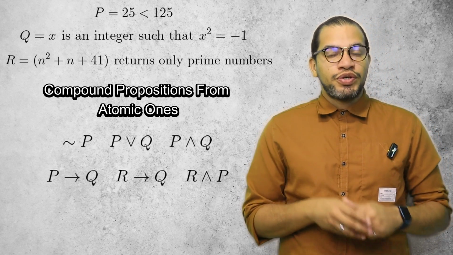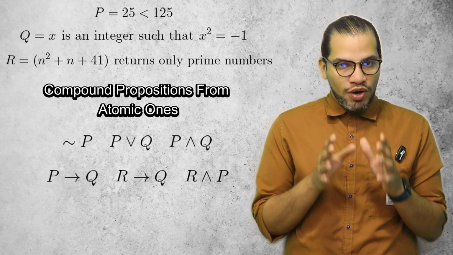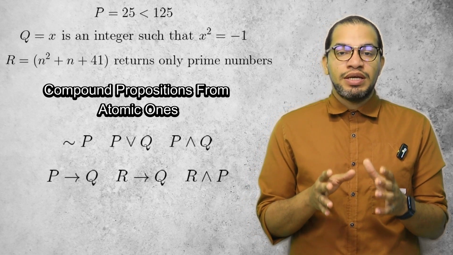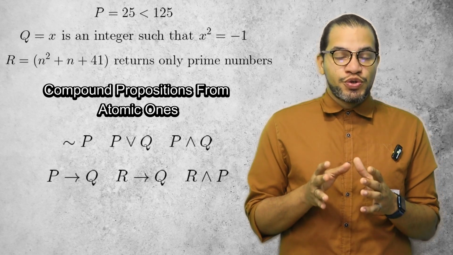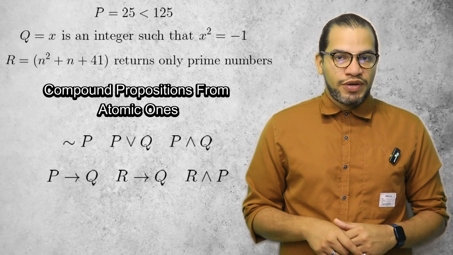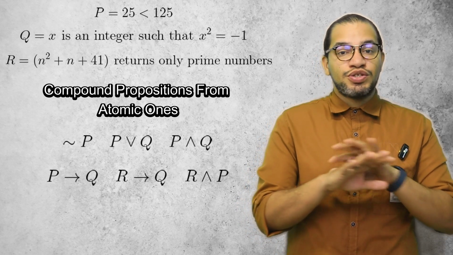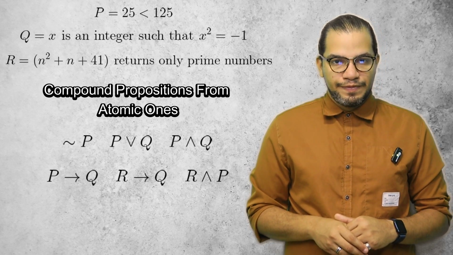In order to answer that, we need to know the truth values of each of the individual atomic propositions. For instance, the first proposition, proposition P, is true because 25 is less than 125. Proposition Q is false because there is no integer whose square is negative.